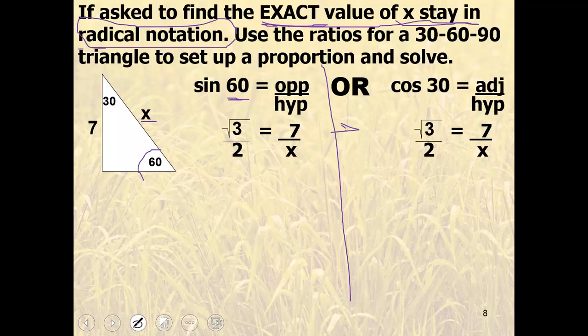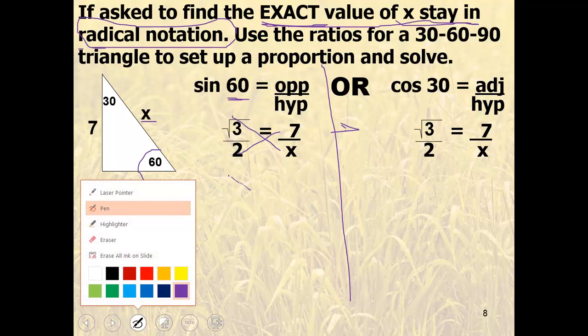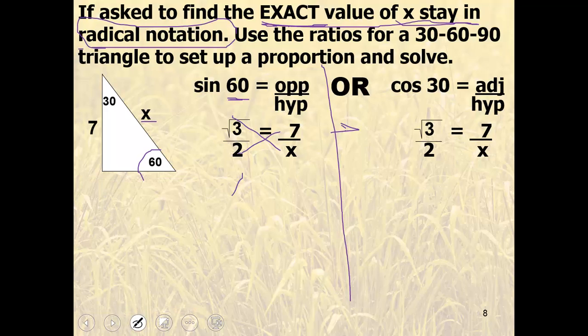Now all we have to do is cross multiply, and we come up with x times the square root of 3 is equal to 2 times 7 is 14.